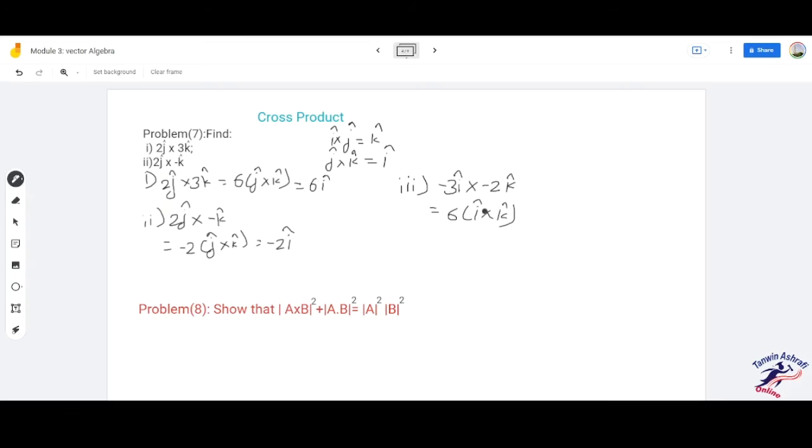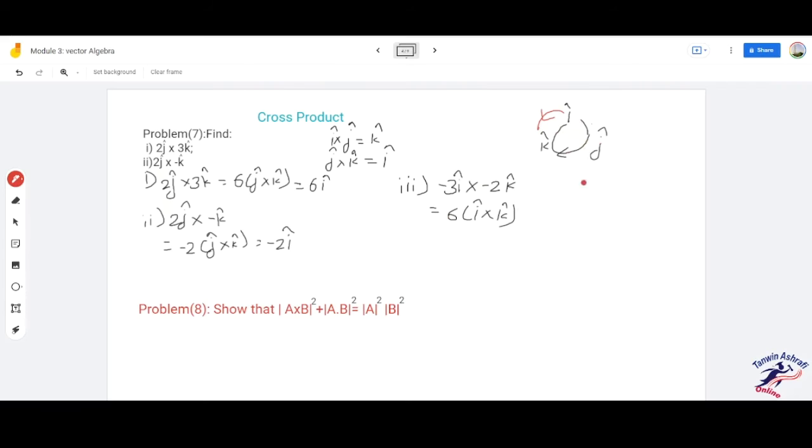Now as you can see, it is the reverse way. As you remember, we had i cap on the top, j cap on the right and k cap on the left, and the circle runs like this. But what we have here is i cap cross product with k cap, which is reversed. So we do it with a minus sign.